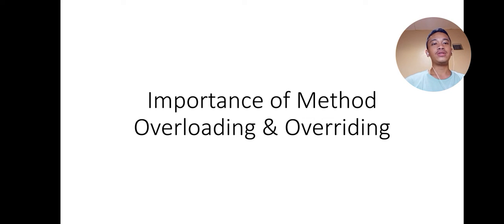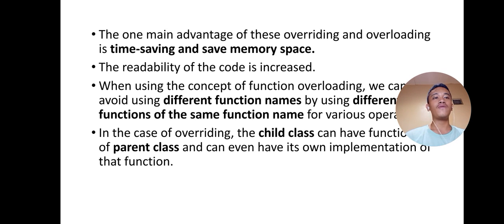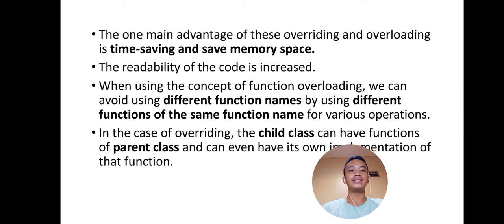So now let's proceed to the importance of method overloading and overriding. The main advantage of overriding and overloading is time saving and saving memory space. So what does it mean? As you observe in our examples, instead of copying and pasting the method again and again to our class, we can use overriding.